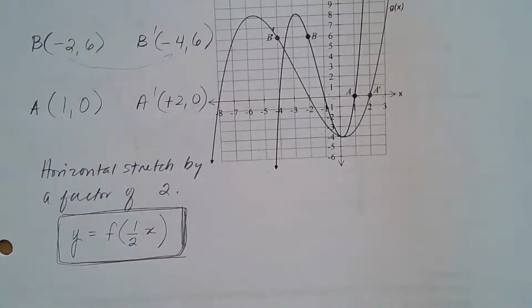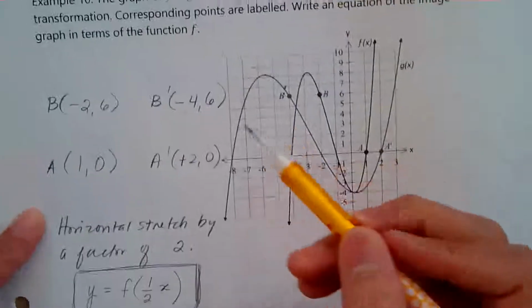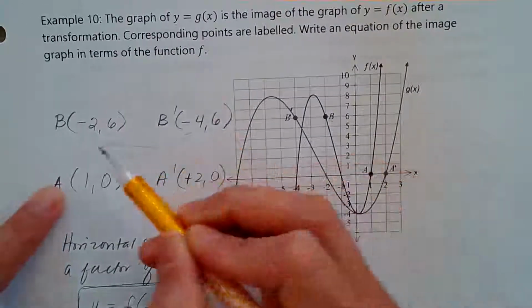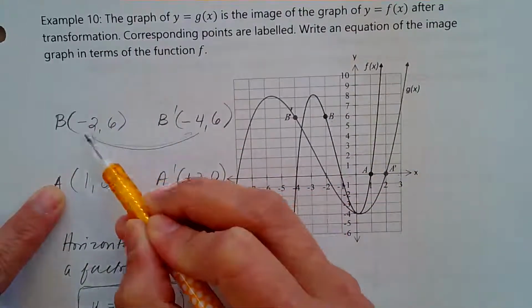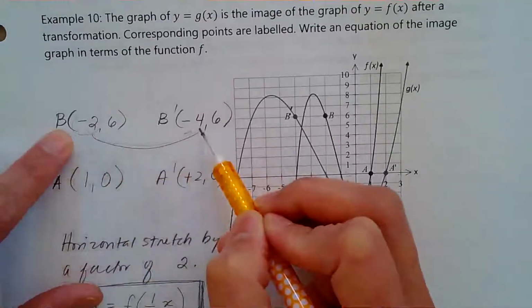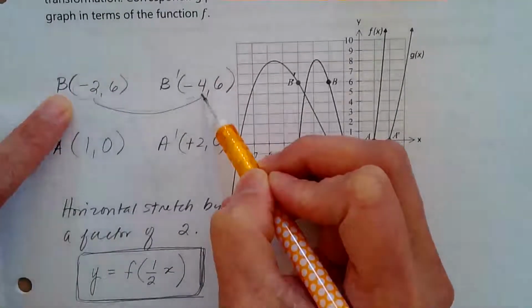So is it good? How did I get 2? Yeah, so it's a horizontal stretch. I said by a factor of 2 because I had to take this number and multiply it by 2 to get that one, right?